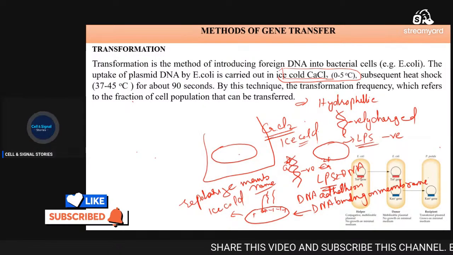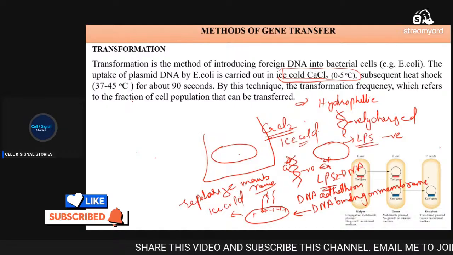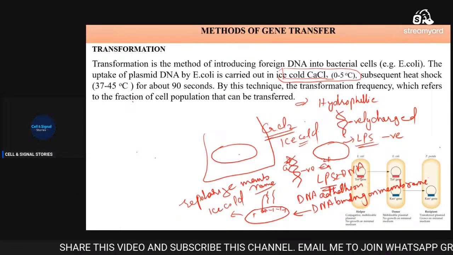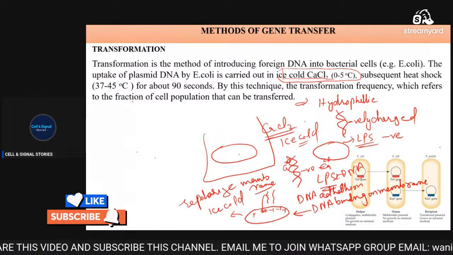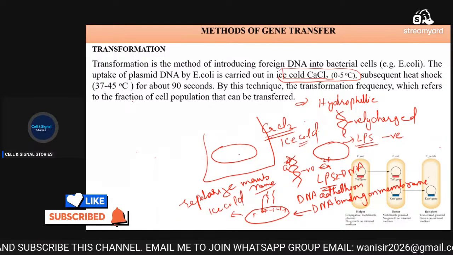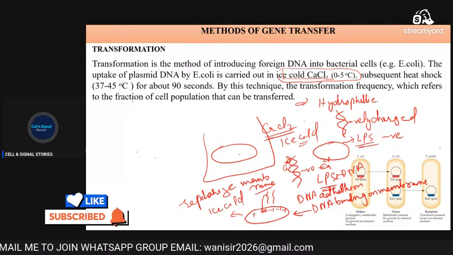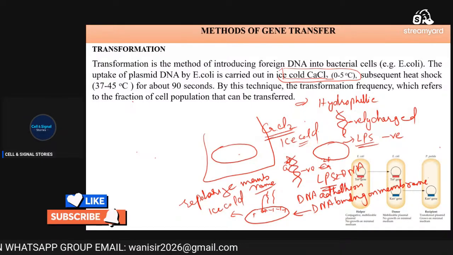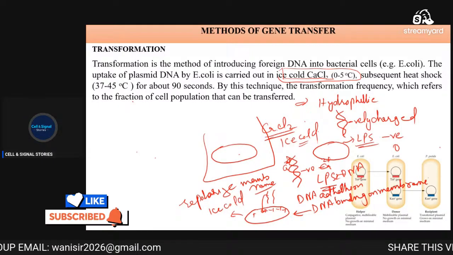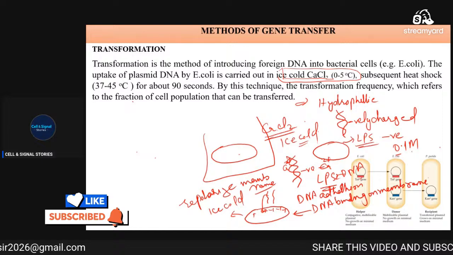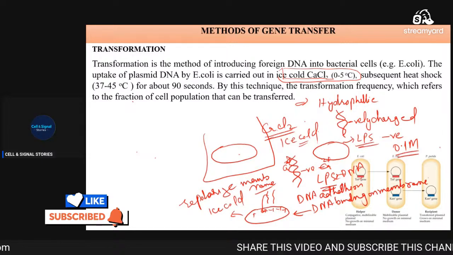Thus, both the negative charge of the DNA backbone and LPS can come together, and when heat shock is provided, plasmid DNA passes into the cell through the membrane. And what is the concentration of calcium? A 0.1 molar concentration of calcium should be used.